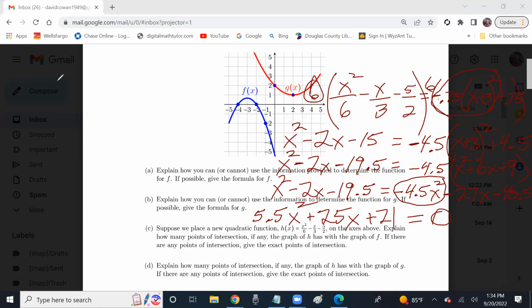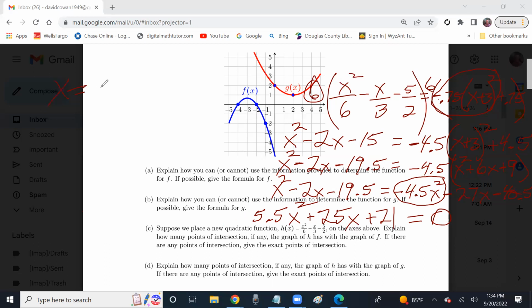So starting over here on the left, what's the general formula for the quadratic? Like what do you mean? Like the quadratic formula? How would you solve that quadratic? Didn't you just say quadratic formula though? Yeah, but you got to know what the quadratic formula is.